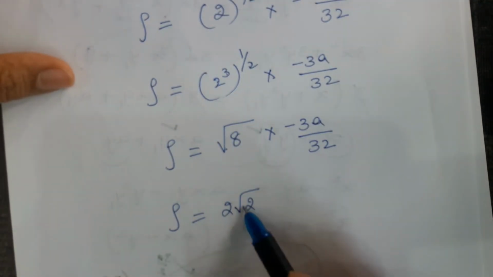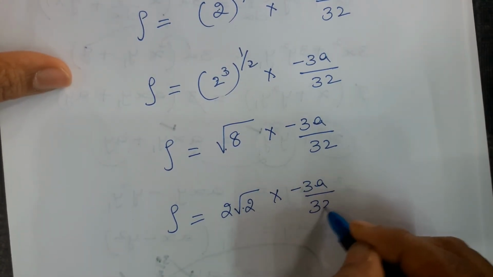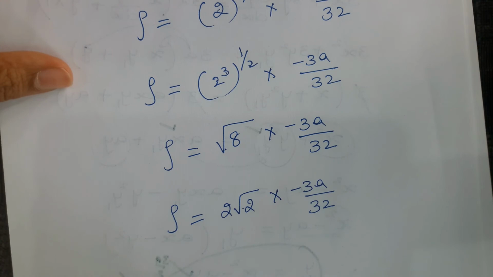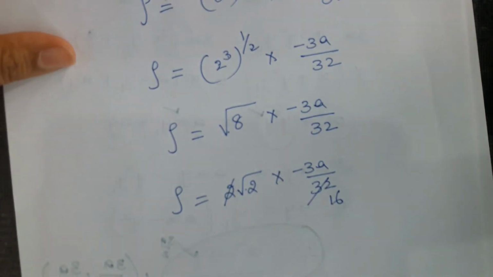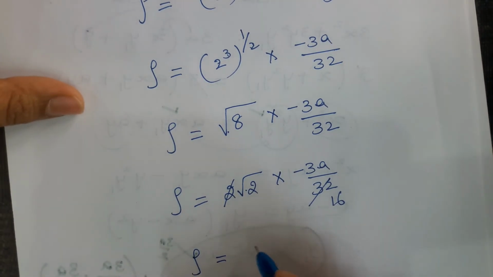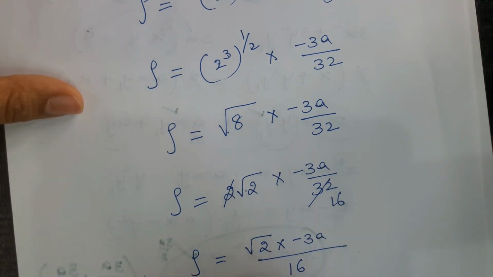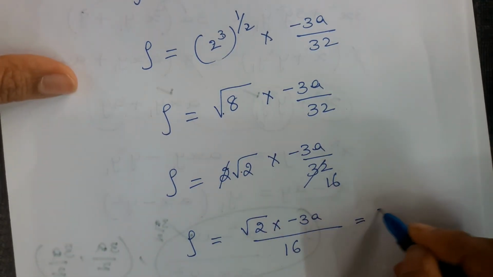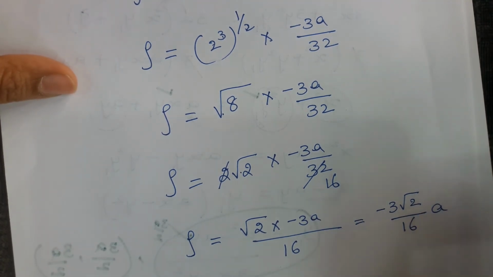Root 8 is 2 root 2 into minus 3a divided by 32. So 2 16s are 32. So rho is root 2 into minus 3a divided by 16, or minus 3 root 2 divided by 16 into a.